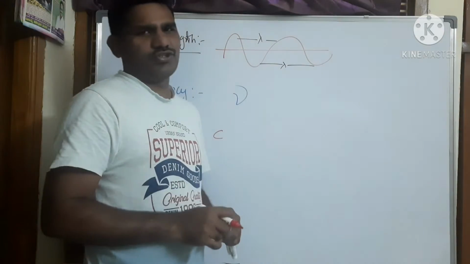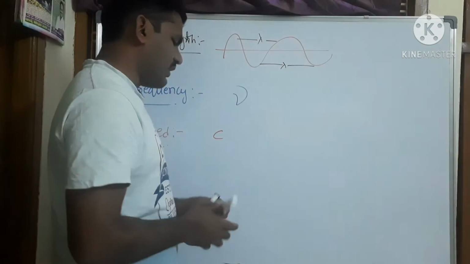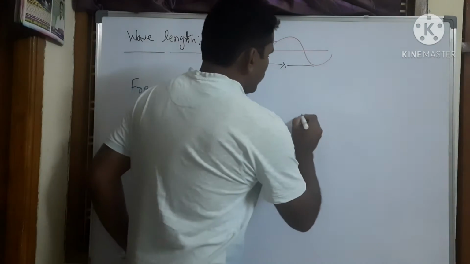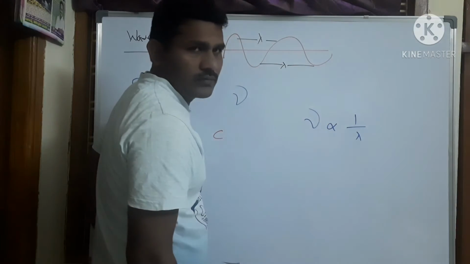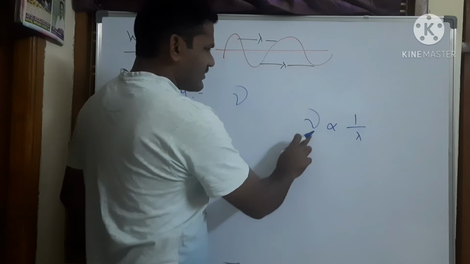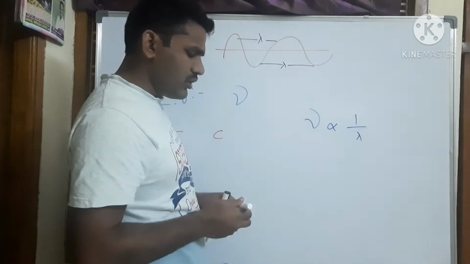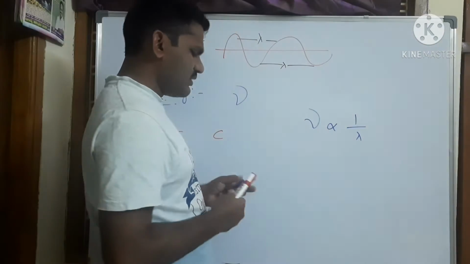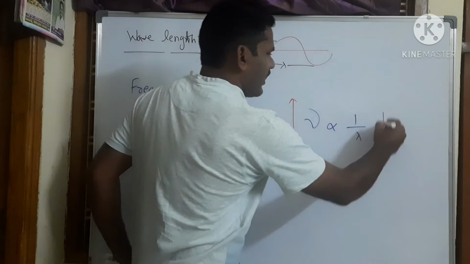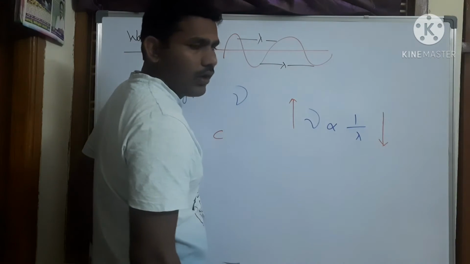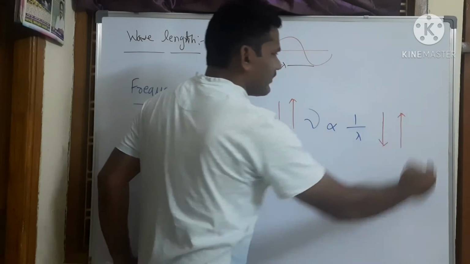There exists a relation between wavelength, frequency and speed, which we can write as nu proportional to 1 by lambda. This clearly indicates that frequency and wavelength are inversely proportional to each other, which means with an increase in frequency, wavelength decreases, or when frequency decreases, wavelength increases.